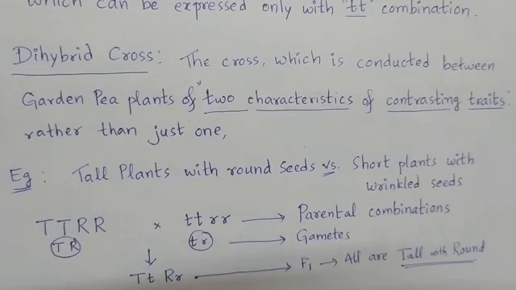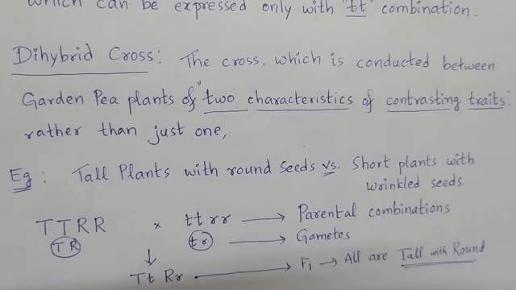In the monohybrid cross, the garden pea plants are taken for cross with only one characteristic into consideration. Whereas here, in the dihybrid cross, the garden pea plants with two characteristics of contrasting traits are taken into consideration. Okay, right. So example, tall plants with round seeds.